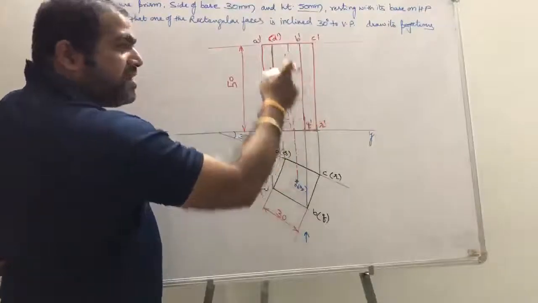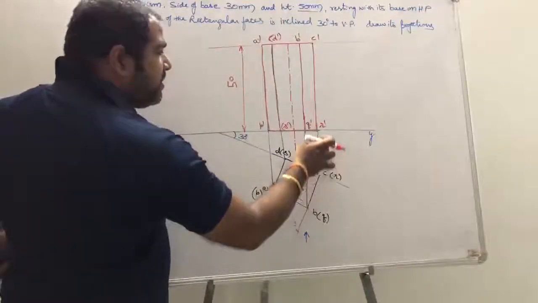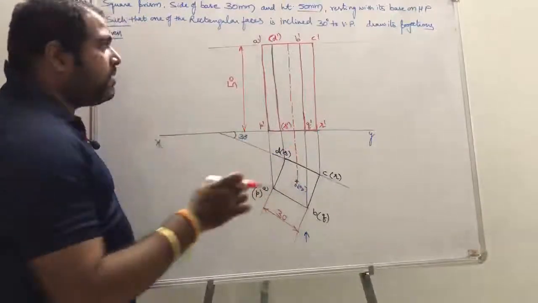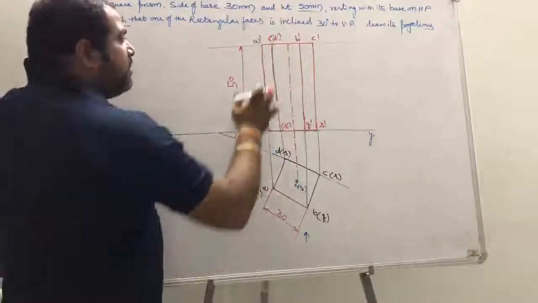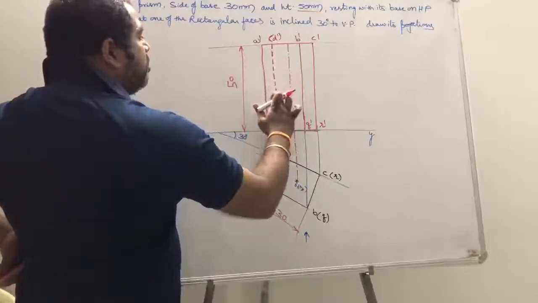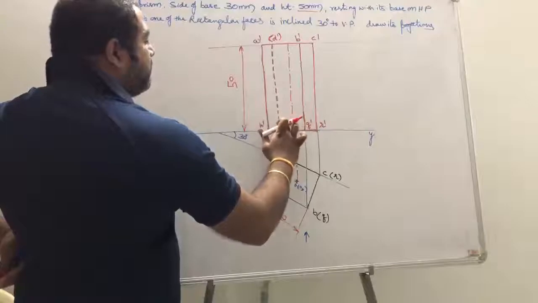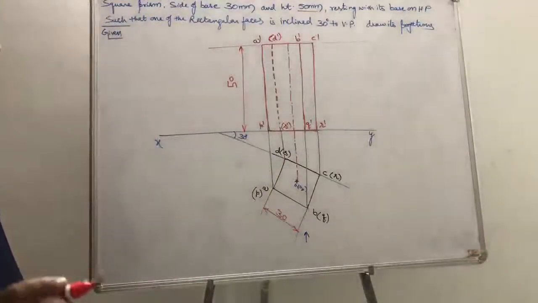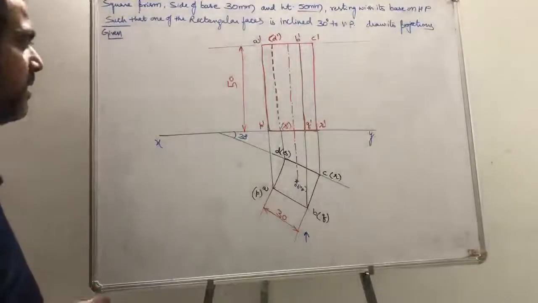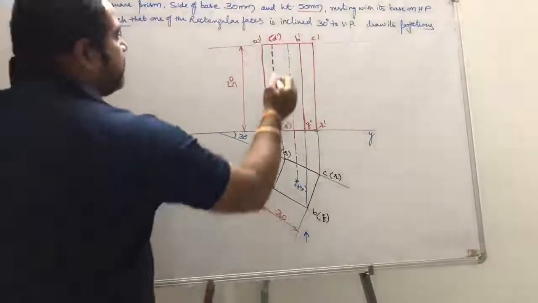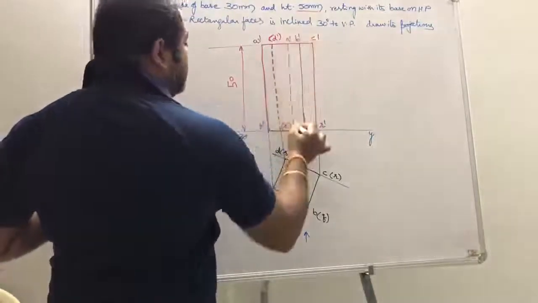So B dash Q dash is a visible solid line, C R is a visible solid line, but D S is not visible, so I put it in brackets, represented by a dotted line. This dotted line represents a line which is invisible. So this becomes your O1 dash center.